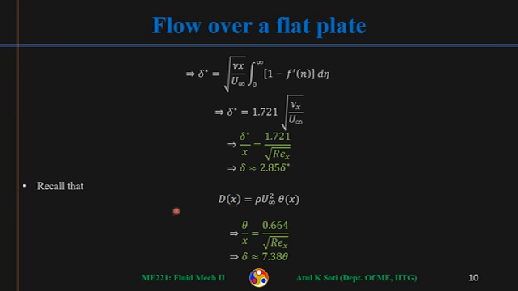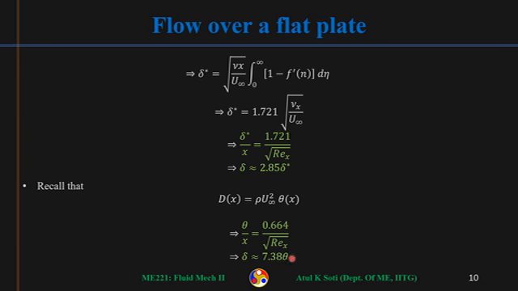You use the expression for D, eventually you will find the momentum thickness theta by x is equal to 0.664 divided by square root of Rex. And again we can compare it with the boundary layer thickness, and we will find that the boundary layer thickness is 7.38 times momentum thickness.